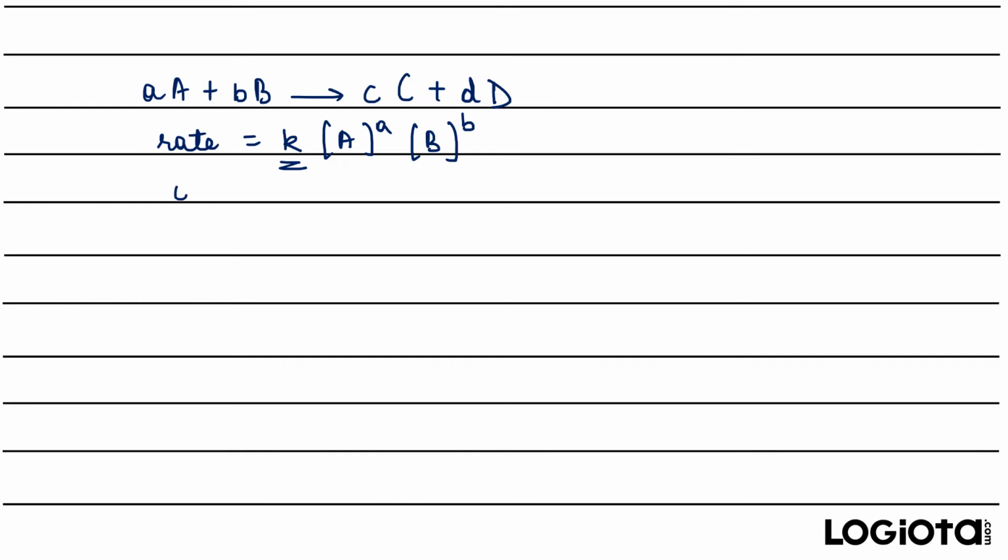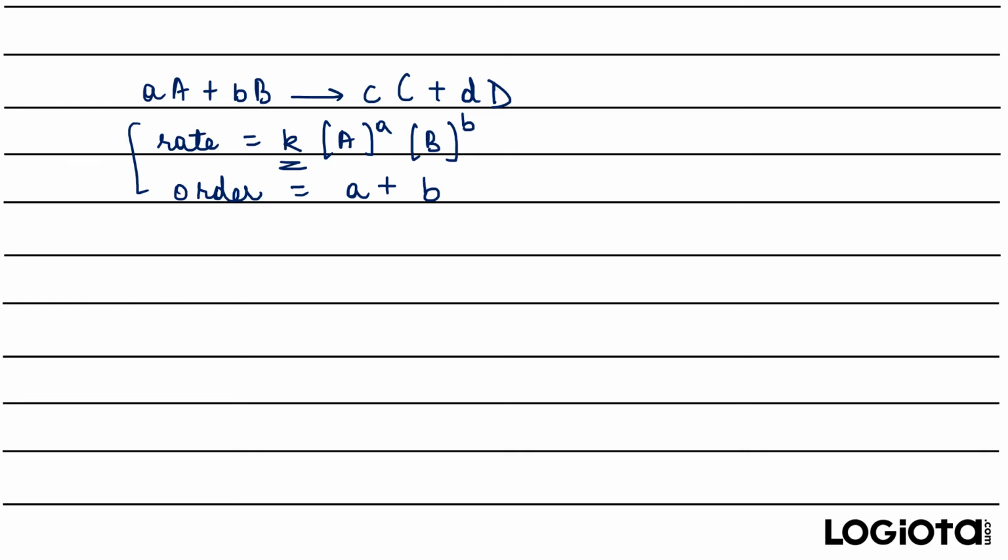If we want to calculate the order for this reaction, it will be the sum of the stoichiometric coefficients of the reactants. So it will be a plus b, right? So these are the basic things which we should know before going into the details.